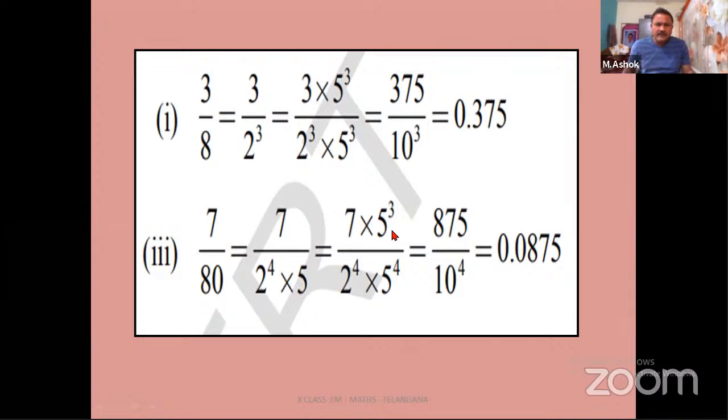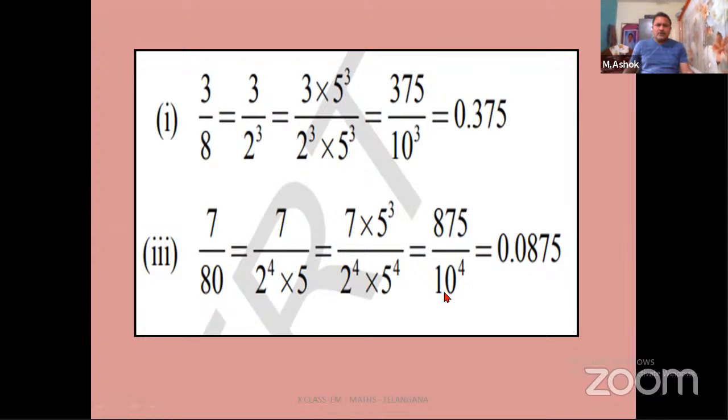So the denominator becomes 2 to the power of 4 and 5 to the power of 4, which can be written as 10 to the power of 4. Now 5 cube means 125, 5 into 5 into 5. If you multiply 125 into 7, you get 875.